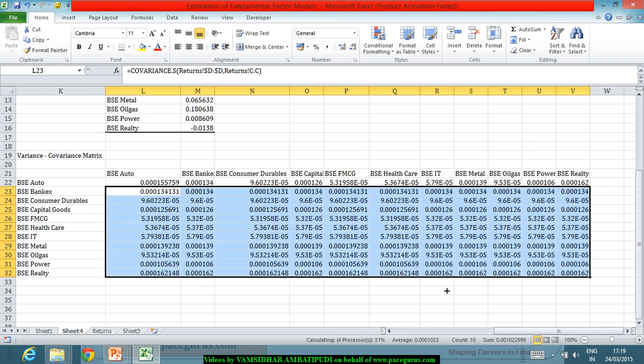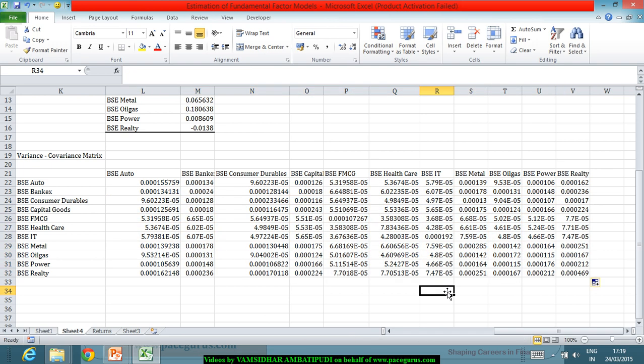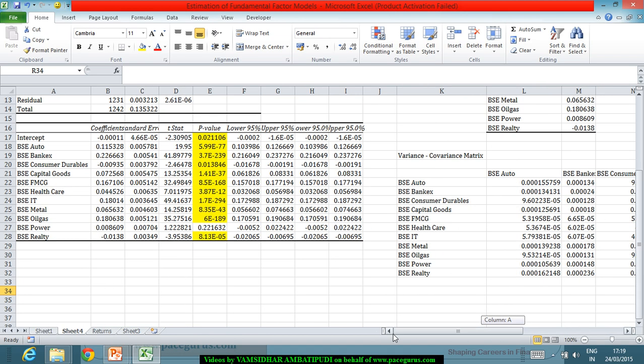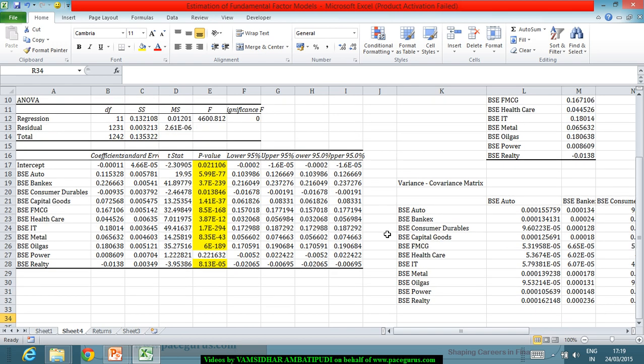So this has created the variance covariance matrix for us across all the numbers. These are the daily variance and covariance numbers.